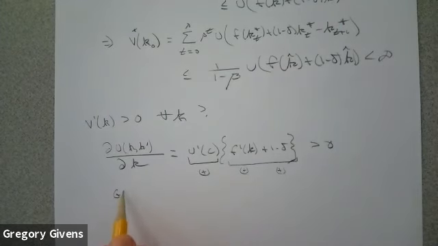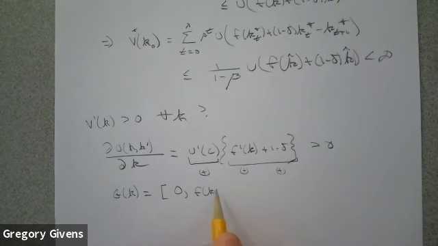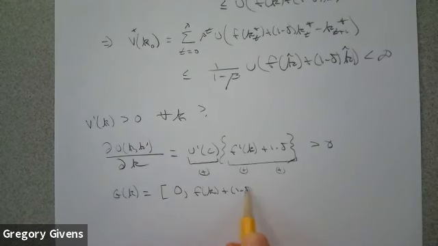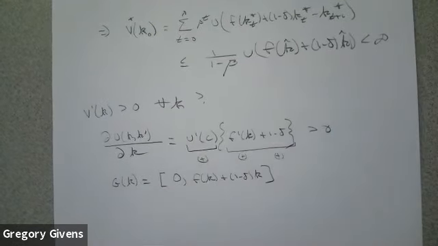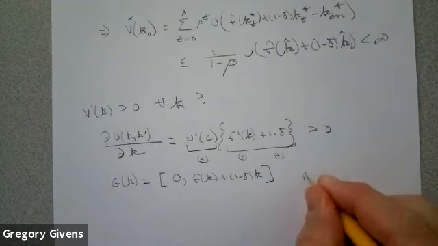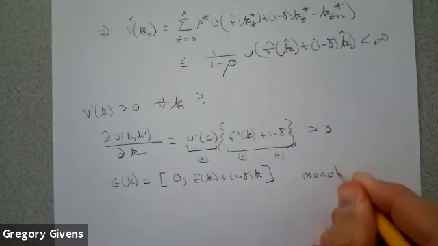Now, remember that the constraint set is defined as 0 to f of k plus 1 minus delta k. Is the constraint set monotonic, or is it a monotone constraint set?